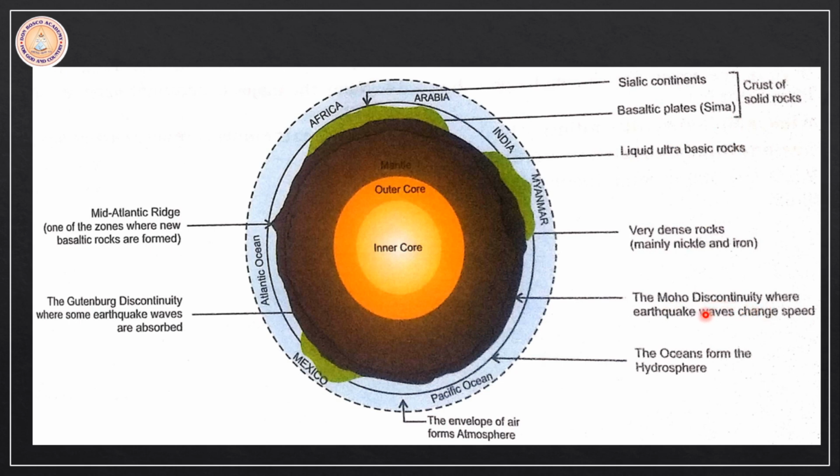Now this Moho discontinuity is the boundary between the crust and the mantle. It is 5 kilometers thick in the mid-ocean and 75 kilometers thick at the continental shelf.